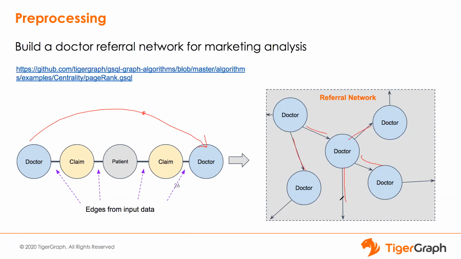Then if we run the PageRank algorithm, we get a more accurate PageRank score, because all the edges are actual referral relationships. Then it will make our job a lot easier to find the most influential doctor in the network. So not only performance, pre-processing can also sometimes improve the accuracy of your result.